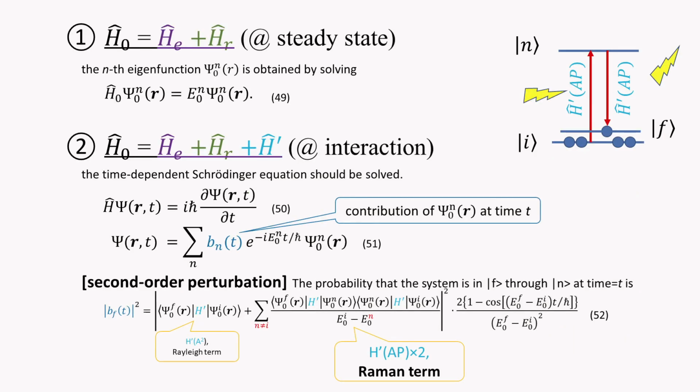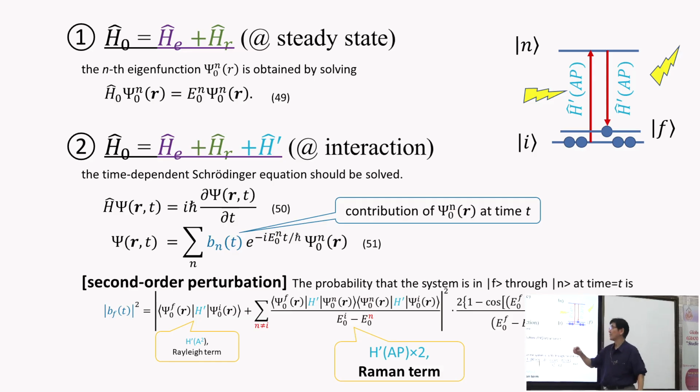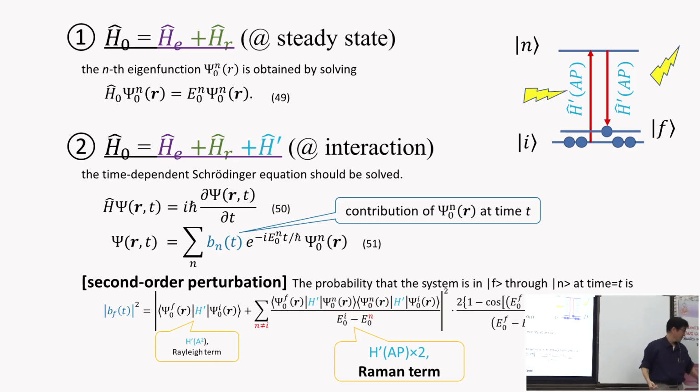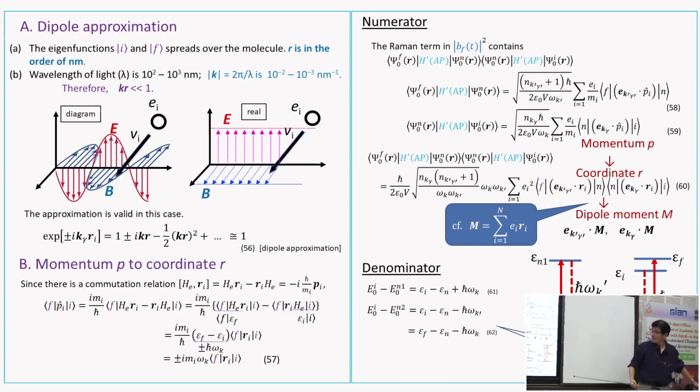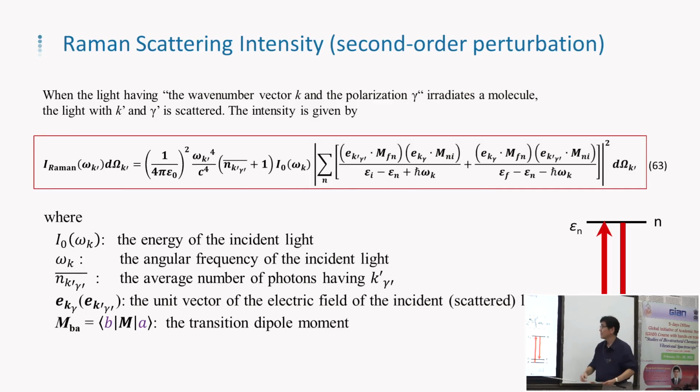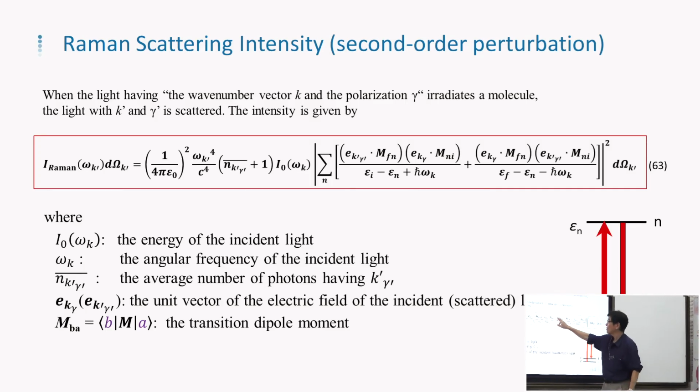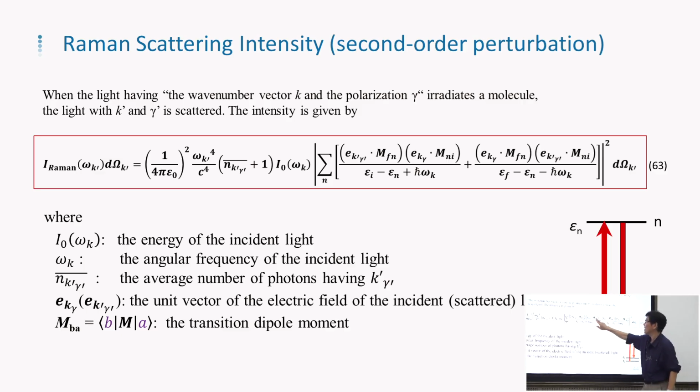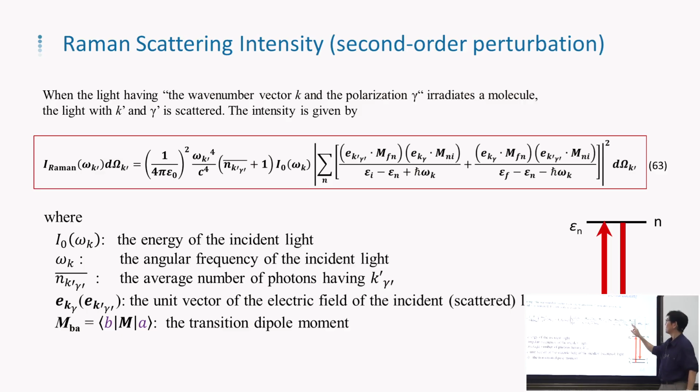This process contains the transition from I to N, N to F. So there are two transitions, I to N, N to F, right? Accordingly, the moment includes the transition moment from I to N, N to F.